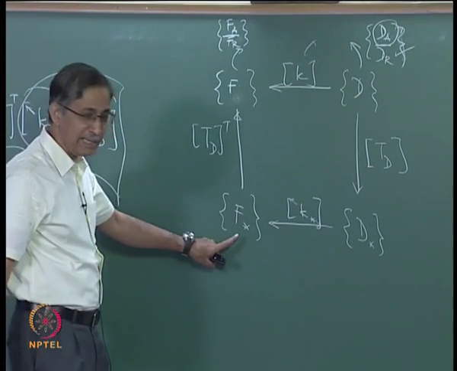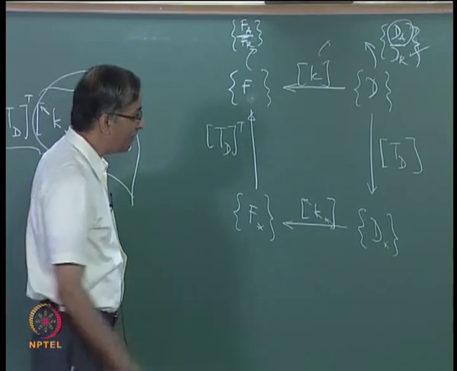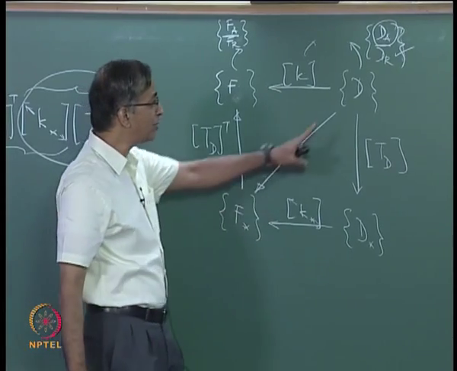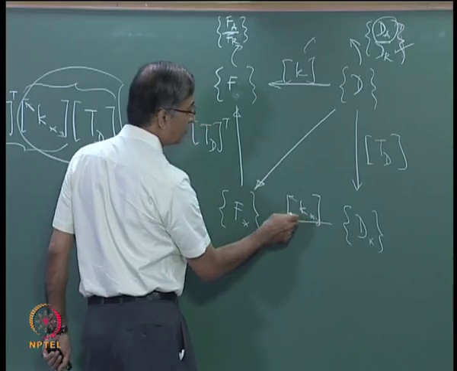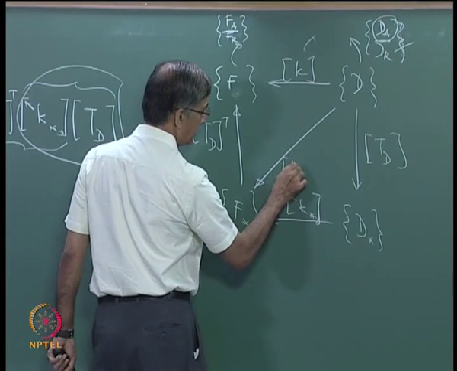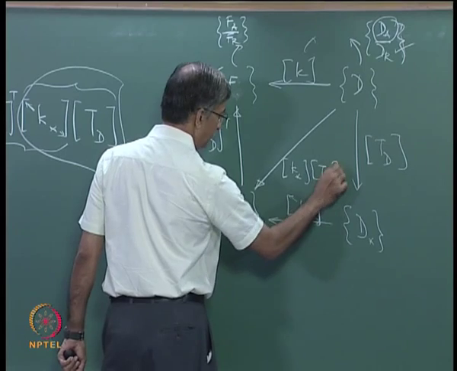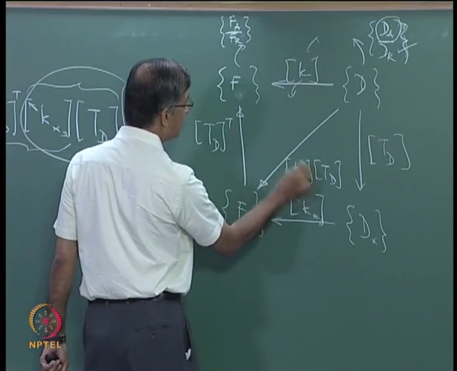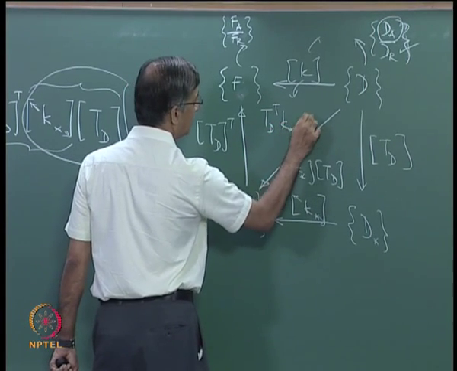You want to find the internal forces, these are the member end forces. So you have a shortcut route here. After you know this, you can get this directly by doing this transformation. There you are, K star into TD, and then the next transformation K is given by TD transpose K star TD.